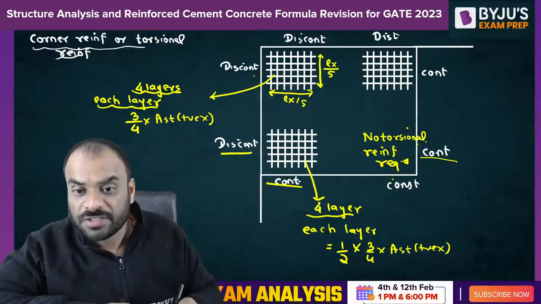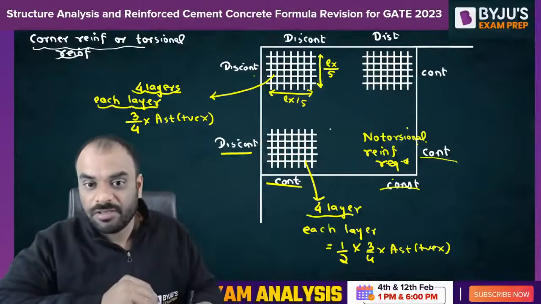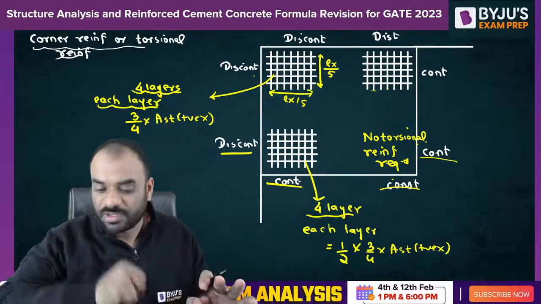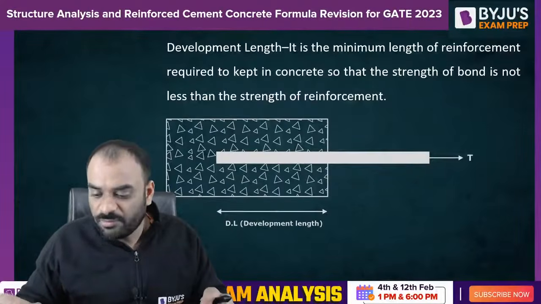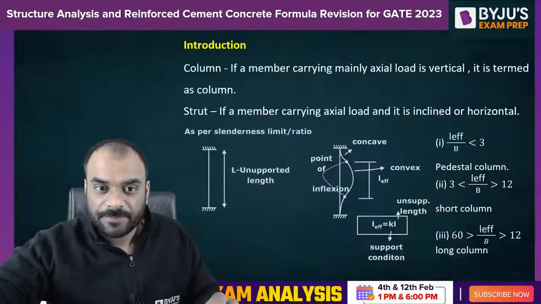If you have both continuous, no torsional reinforcement required. The same thing is applicable for this also, right? This particular condition will be applicable over here also. Crystal clear or not? Tell me, guys. Then we'll move to the next thing, which is basically our development length. Please write down quickly.